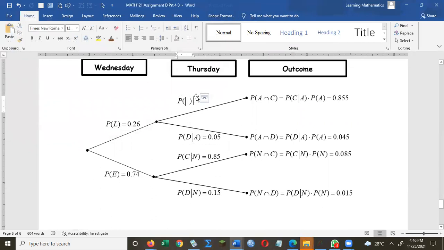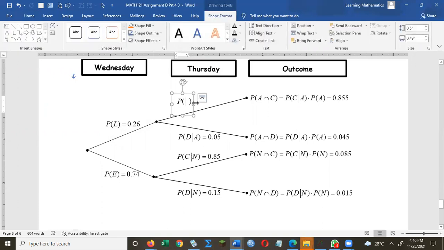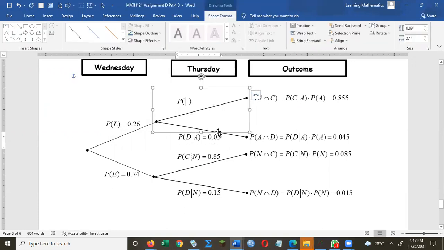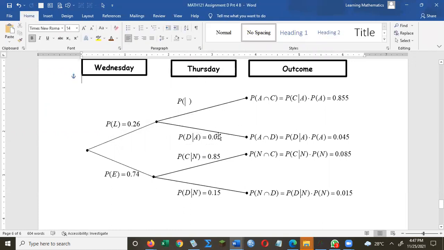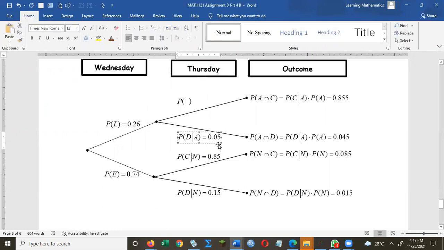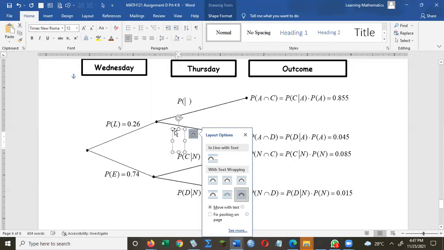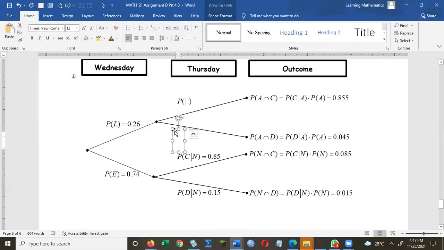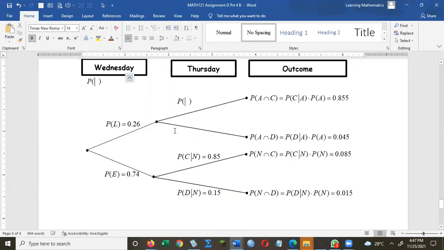We want to represent the if he arrives late on a Wednesday. Okay, that's what we want to represent. If he arrives late on a Wednesday.